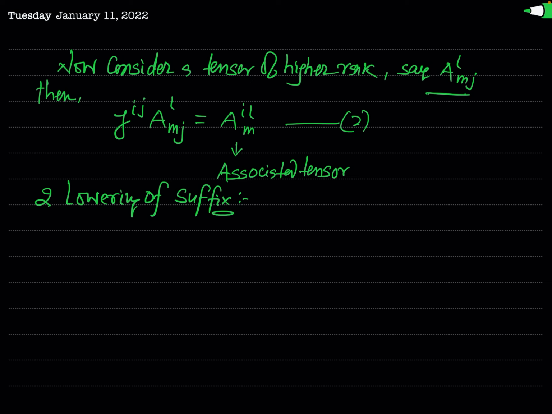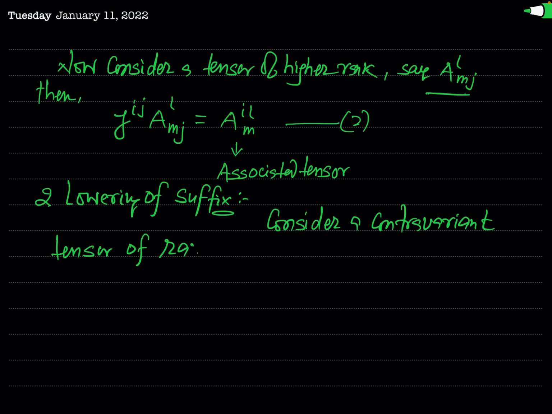So consider a contravariant tensor of rank 1, or you may also call it a contravariant vector.